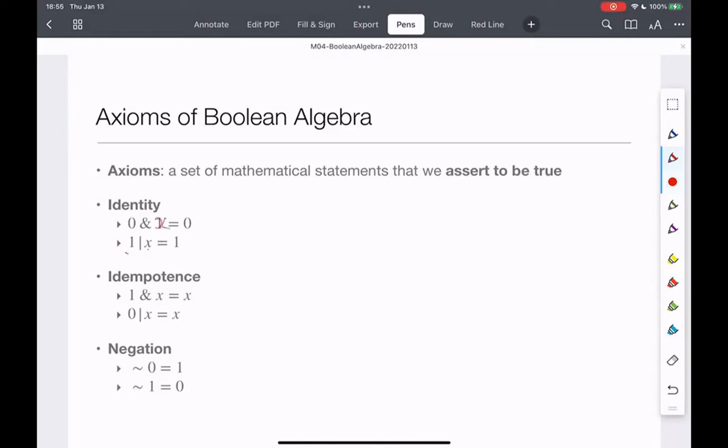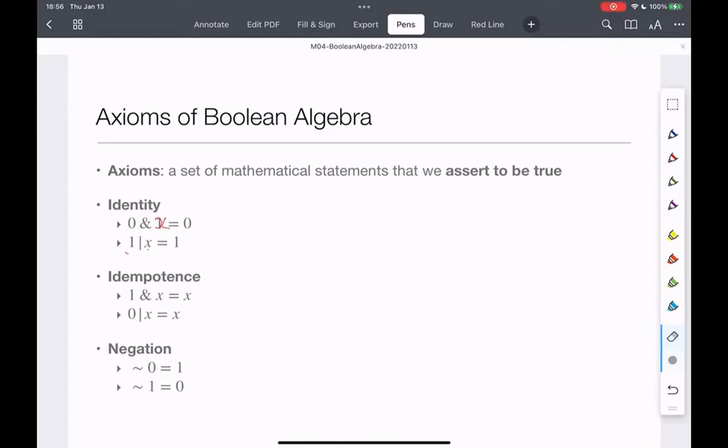So 0 ANDed with anything gives a 0, and 1 ORed with anything gives a 1. So 0 is the multiplicative thing, and 1 is the additive, or 1 is working with the OR. 1 and x is x, and 0 or x is also x.